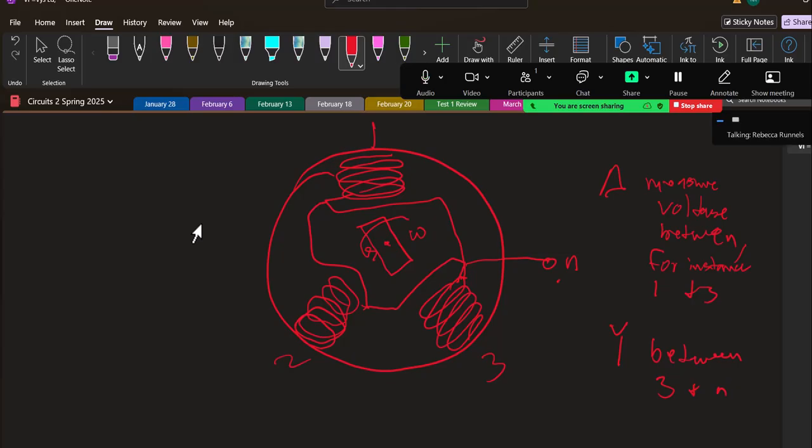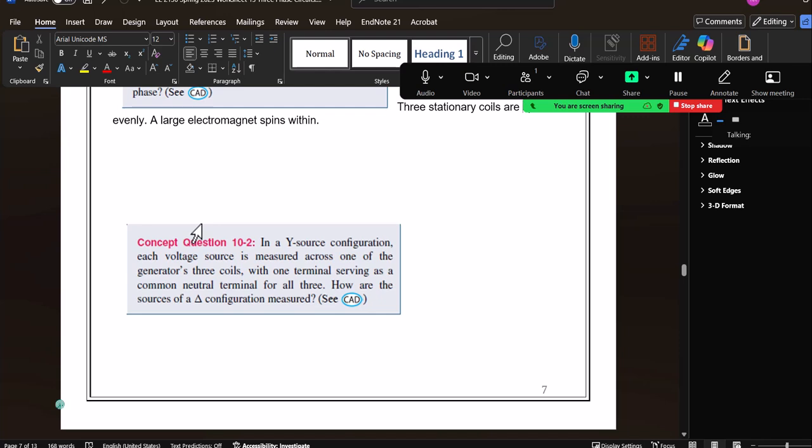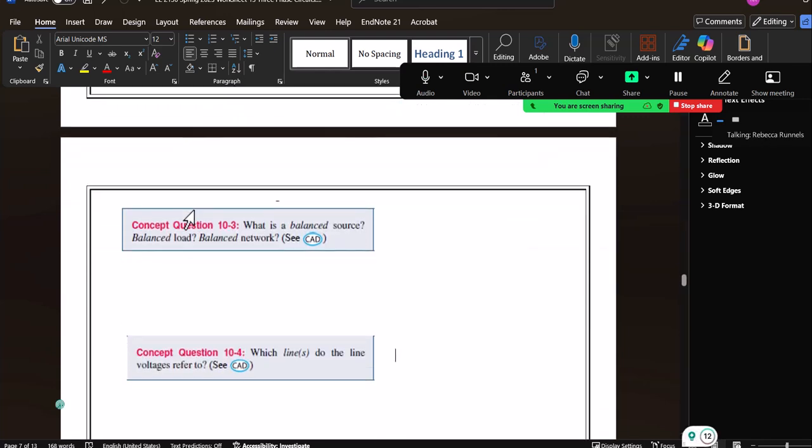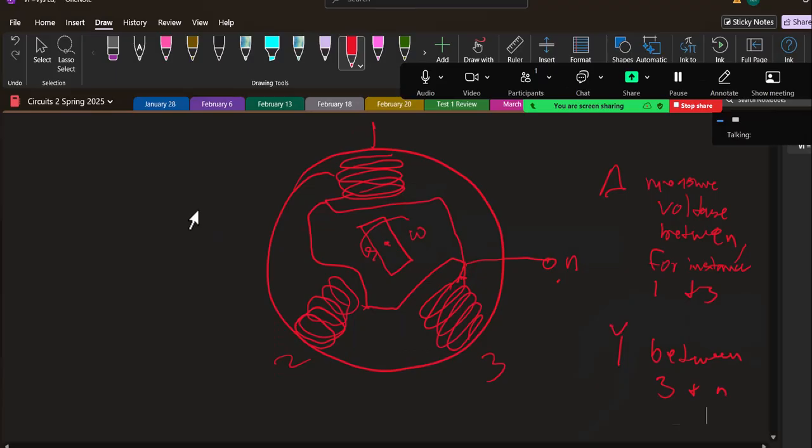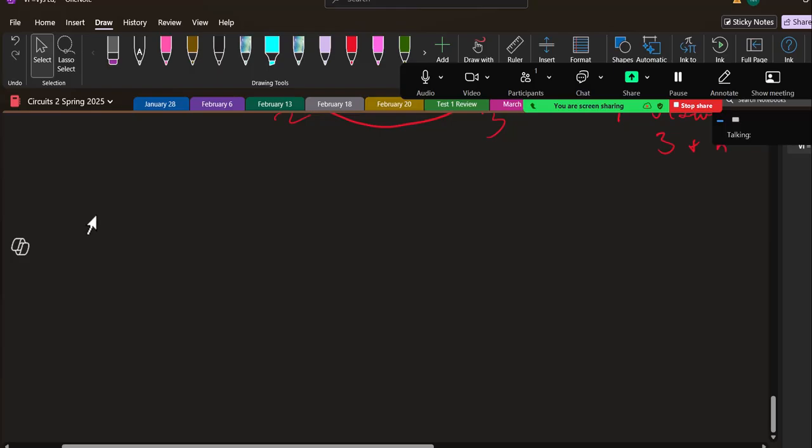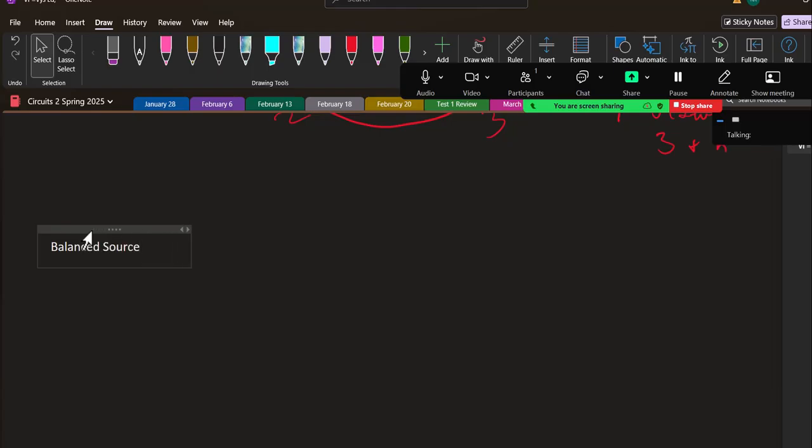All right, concept question number 3. What is a balanced source, balanced load, balanced network? So what do you need to have a balanced source? What do you think has to be true of the voltages?